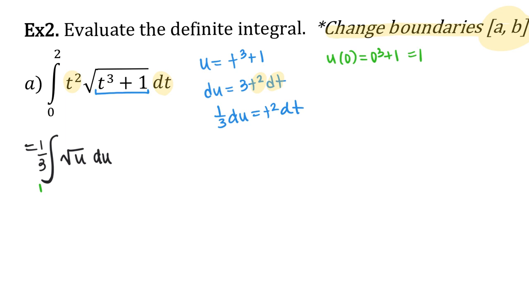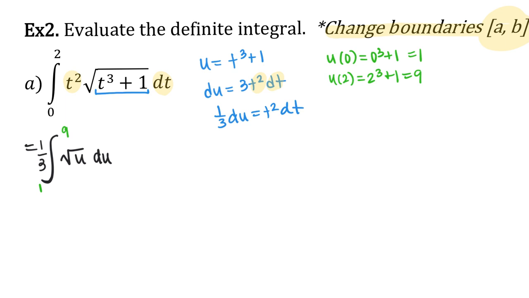The upper boundary of t was 2. So what's the upper boundary of u? Well, that's going to be 2 cubed plus 1, which is 9. So I'm changing the boundary of the integral because I changed the variable. So it's the same integral, but because I changed the function, I have to change the boundaries. But they are equivalent. They were not equivalent before.